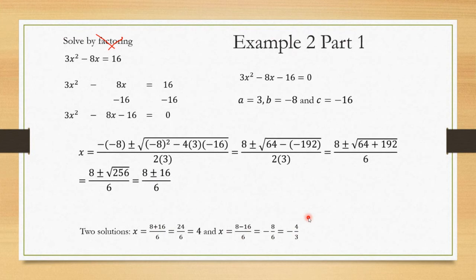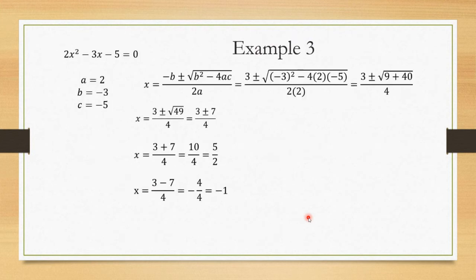Okay, let's move on to the next one. Same idea, right? Here it's nice, it's already in standard form. So we have 2 is A, minus 3 is B, and C is minus 5, and that's equal to 0. So x is minus B, right?